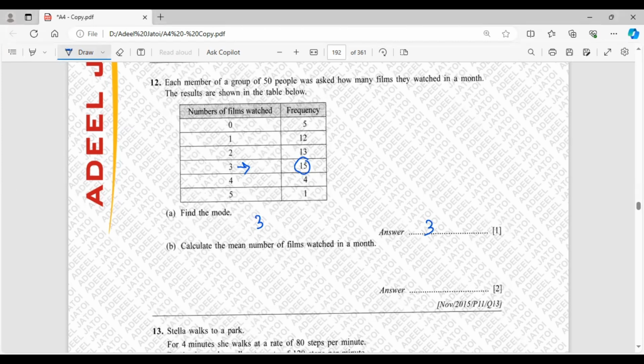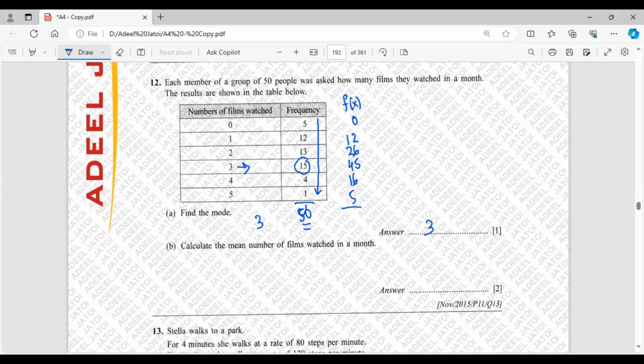To calculate the mean, you need to have fx as well, because you know that the sum of f is equal to what? 50. So 5 zeros are 0, 12 ones is 12, 26, 45, 16, and there should be 5, right?